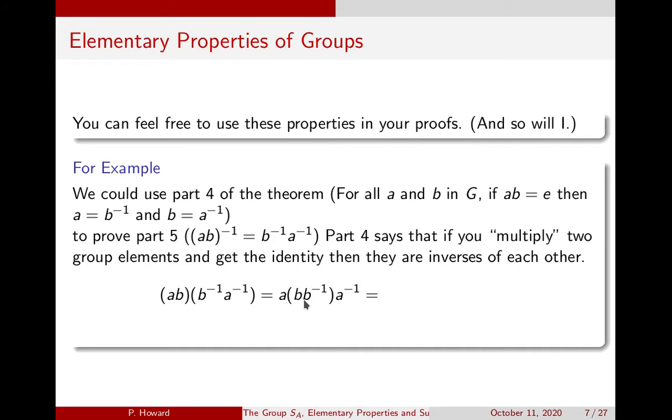B B inverse is the identity, and the identity is the neutral element, so we have A times A inverse, and A times A inverse is the identity. Took a little bit of time, but I have demonstrated that if you multiply AB by B inverse A inverse, you get the identity. So these two things must be inverses of each other, which is what part 5 of the theorem says.